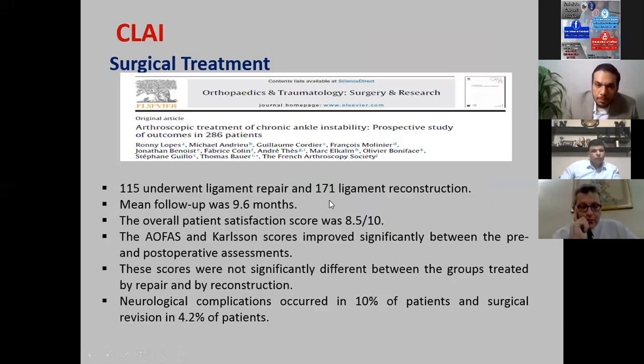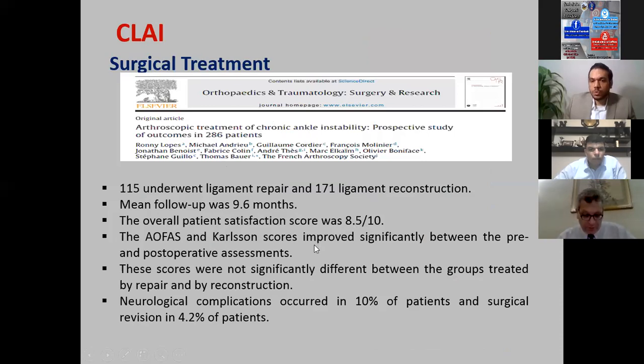And I have looked up this paper about arthroscopic treatment in general for chronic lateral ankle instability, a prospective study for outcome in 286 patients. 115 patients underwent repair, 171 underwent reconstruction. The mean follow-up was about 9.6 months. Overall satisfaction was 8.5.